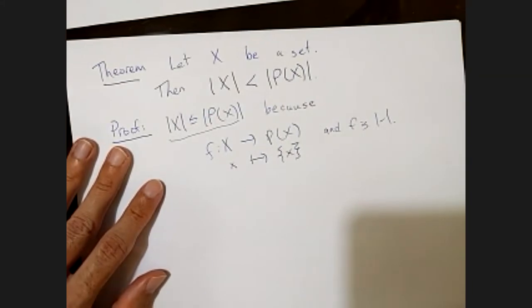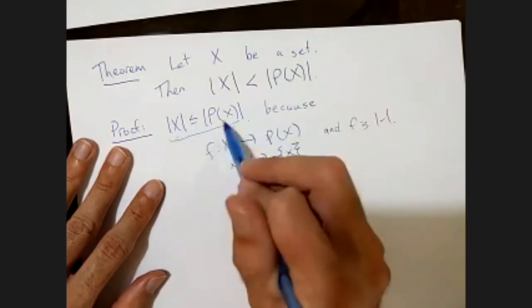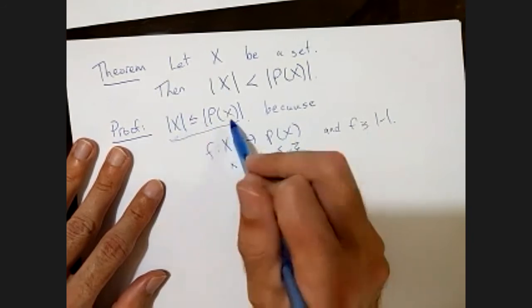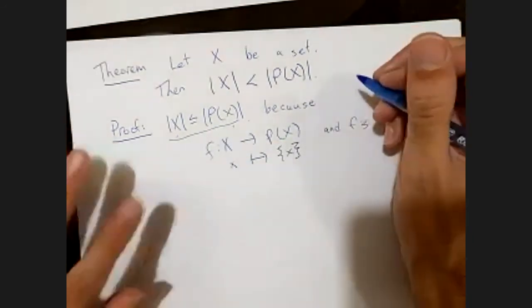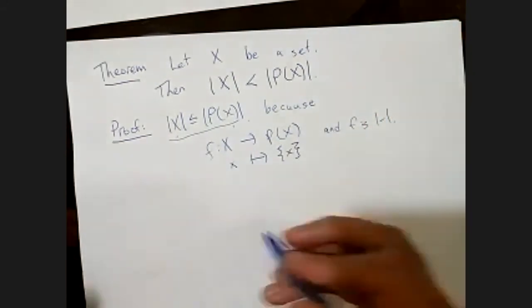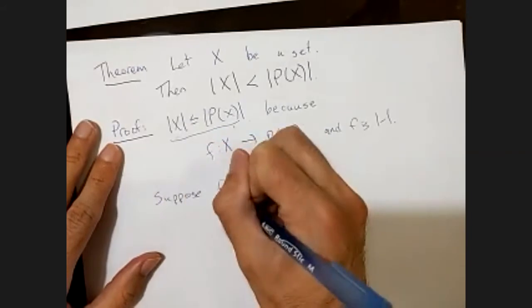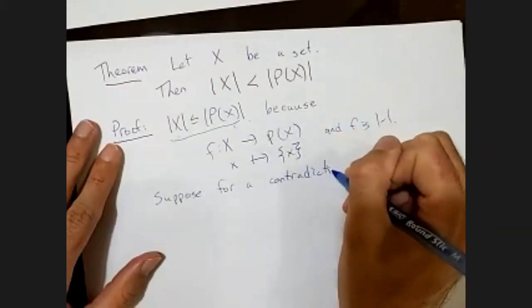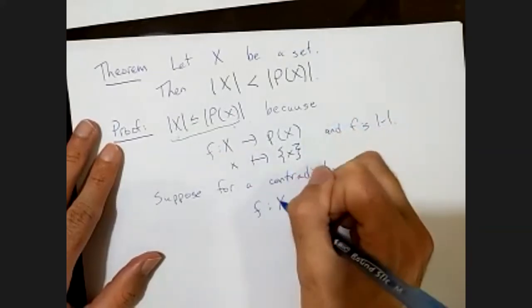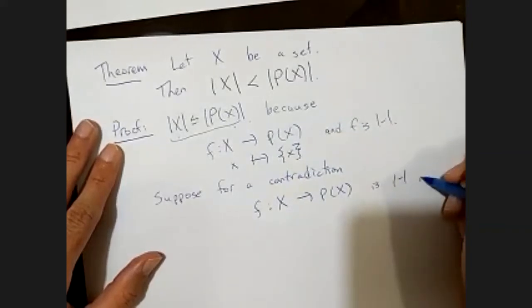Okay, so we have to show that it's not true. We have to show that they're different, that they are not equal cardinalities. We suppose for a contradiction that f from X to P(X) is one-to-one and onto.